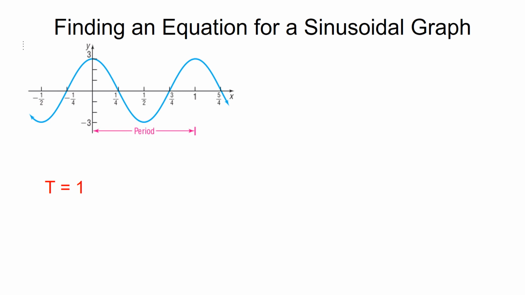The period is 1, which means that the angular frequency is 2 pi. We also see from the graph that the amplitude is 3. Based on all this information, we can write the function as 3 cosine 2 pi x.